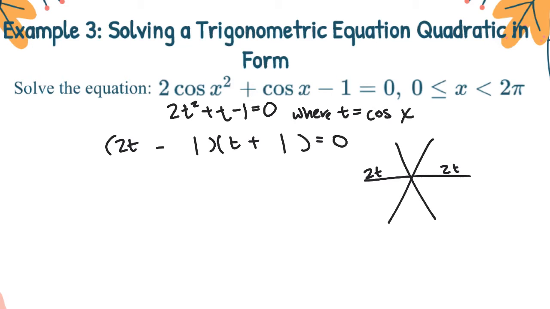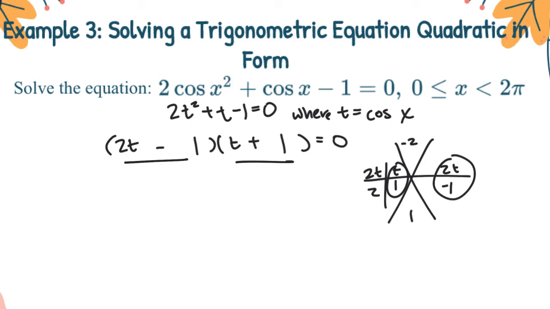A times c would be -2, and then b would be 1. So two numbers that multiply to get -2 and add to get 1. So that would be 2 and -1. And over here on the left, you can reduce this to be t and 1, and then 2t minus 1. And that's how we get these two sets of values, t and 1 and 2t minus 1.